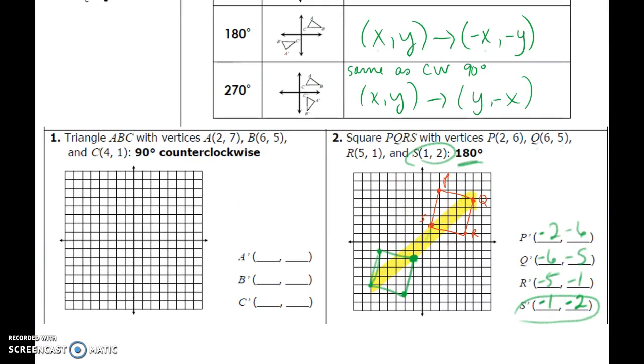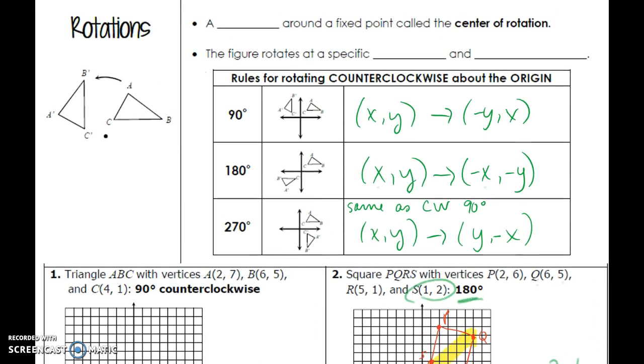And these are tricky. So like I said, if you come across some that say clockwise, just know that it converts back to these. There's another one I should have written on here. 90 degrees counterclockwise is the same as 270 clockwise.